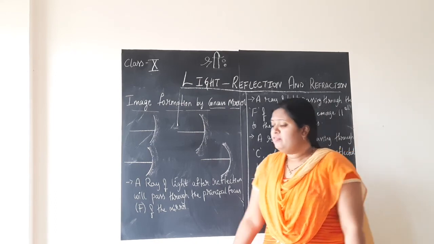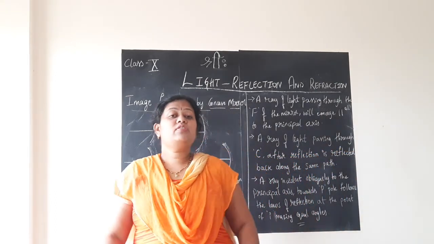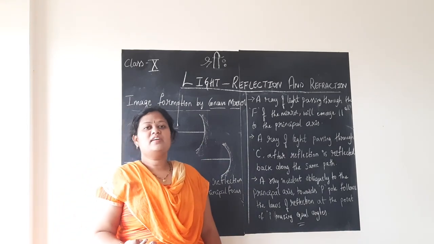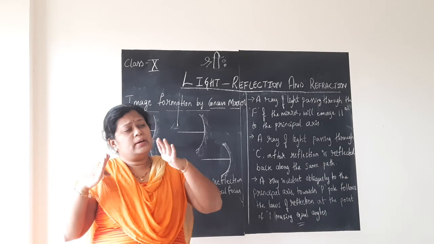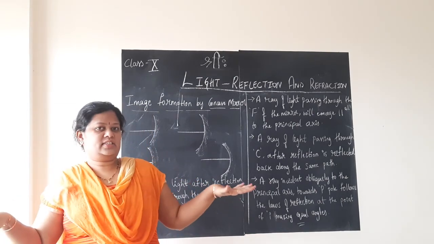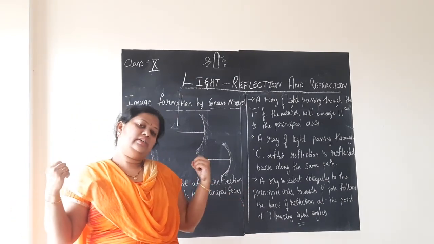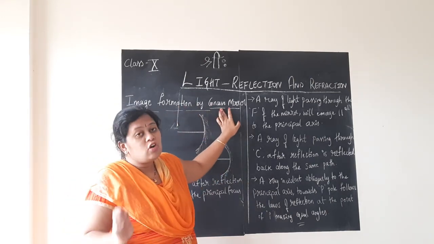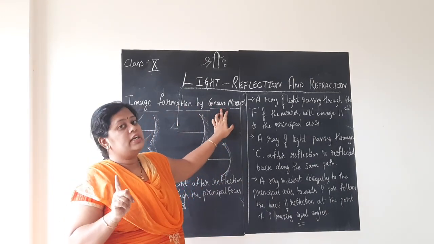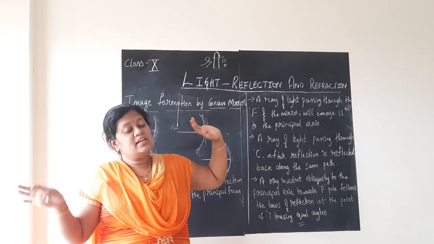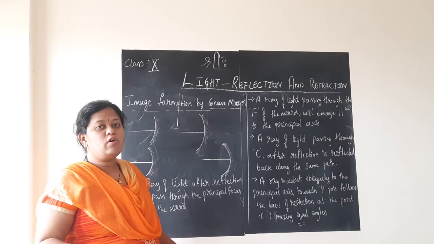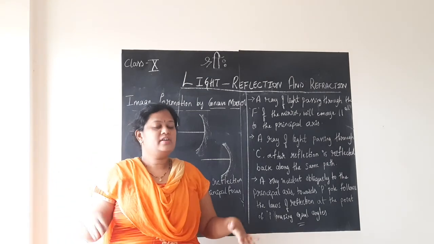So, before actually learning about ray diagrams, you should know a few basic things. We are mainly concentrating on image formation by the concave mirror. We are not discussing much about the convex mirror, because we all know it is a divergent mirror.